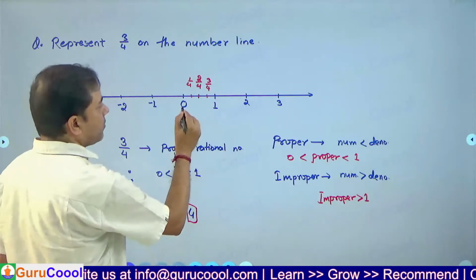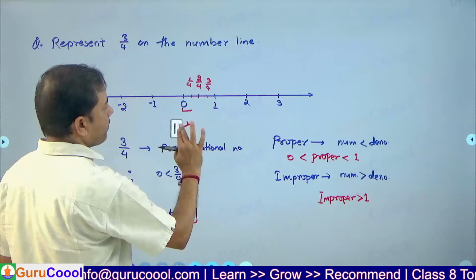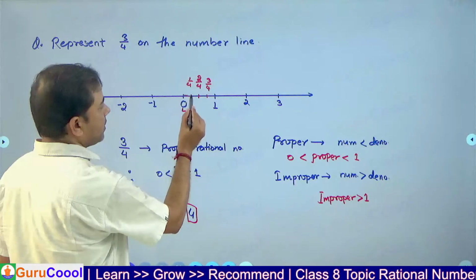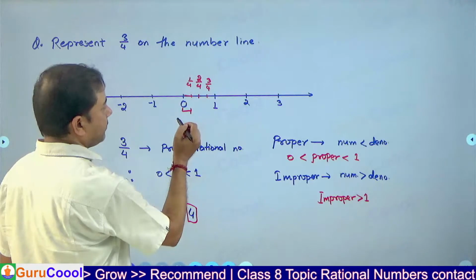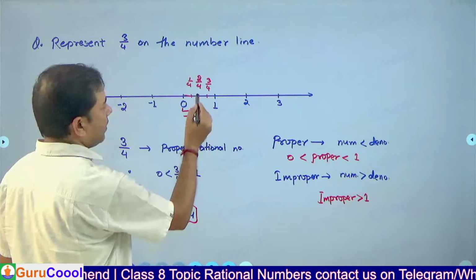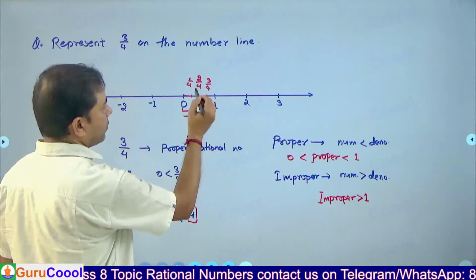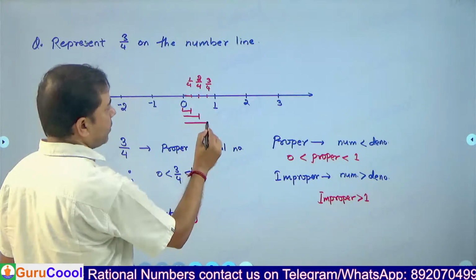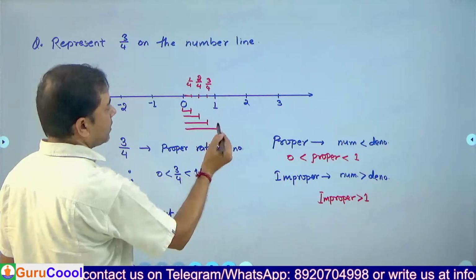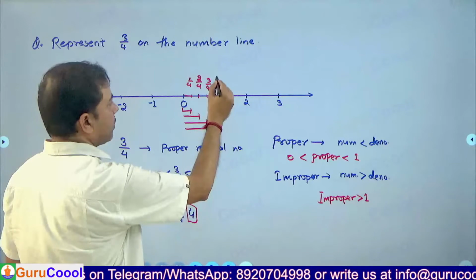If we move from 0 to the first point, this distance is 1 by 4. If we move from 0 to the second point, this is 2 by 4. From 0 to the third point, it is 3 by 4. And from 0 to this point is 1, that is 4 by 4.